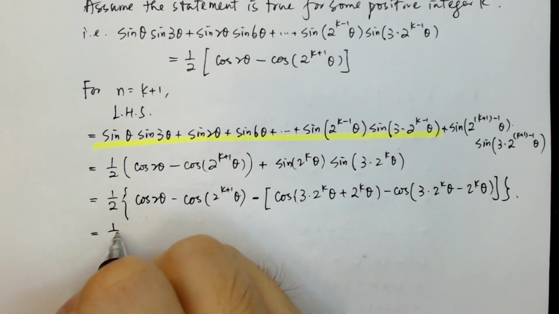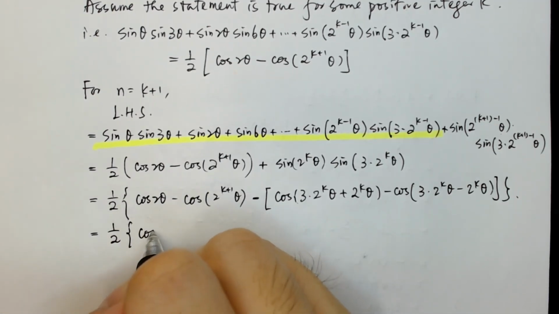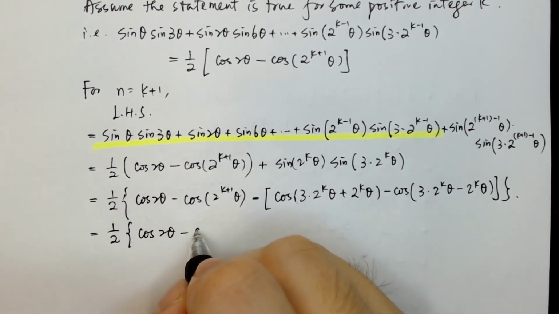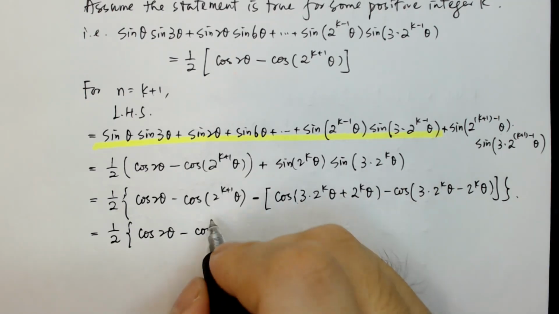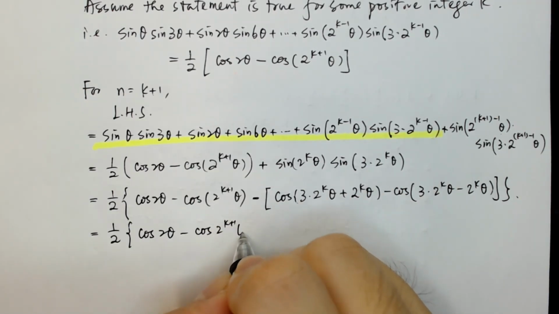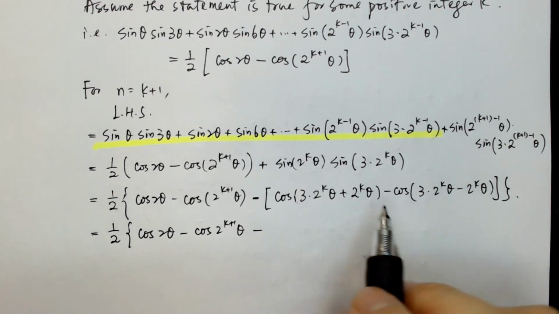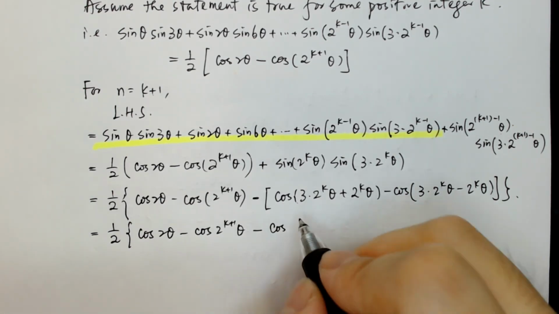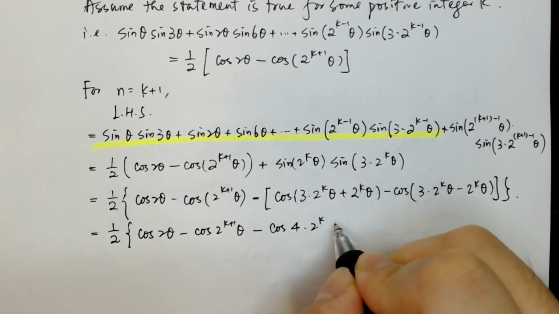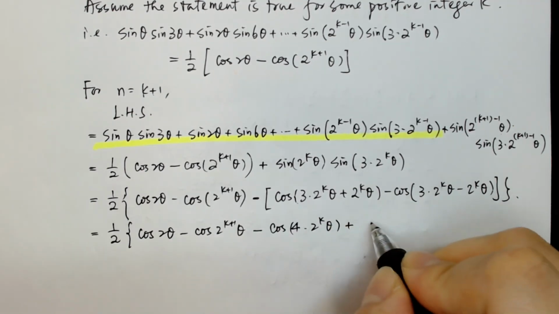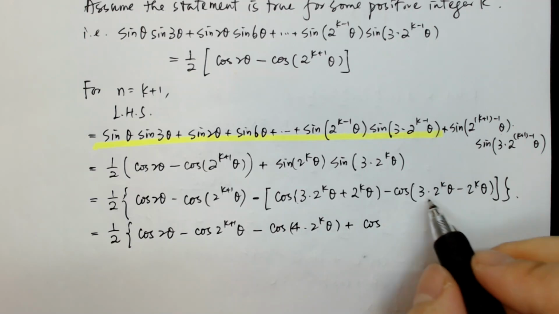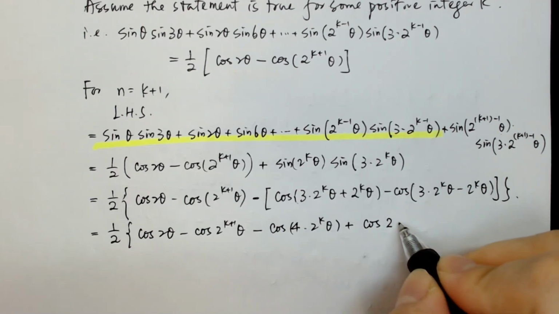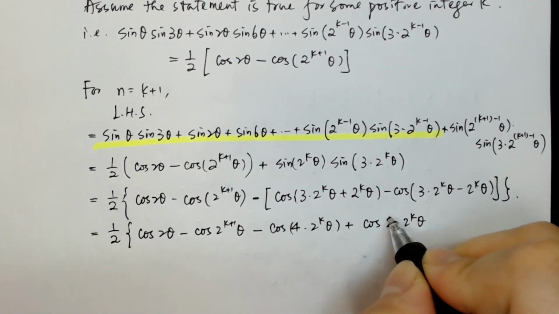And so we simplify the things that we have just done here. We have minus of cosine of 4 times 2 to the power of k theta and plus cosine of 2 times 2 to the power of k theta.